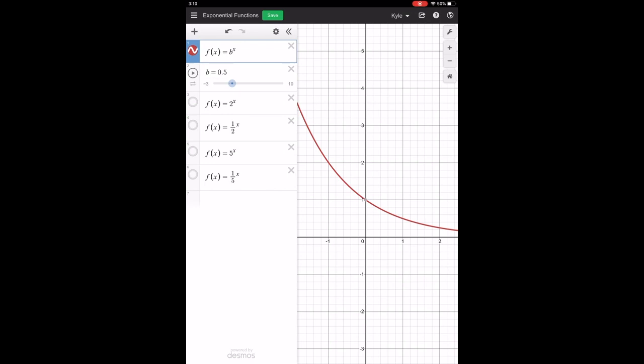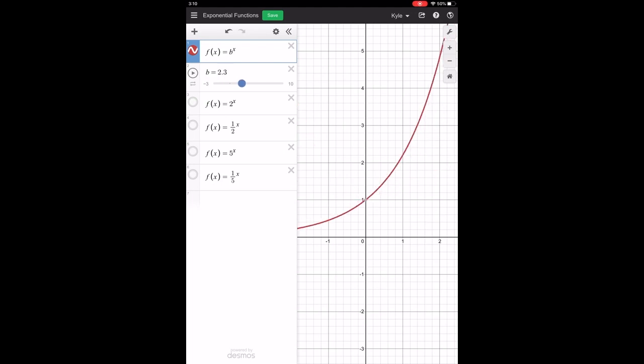So we still get the same value. In fact, I wonder what negative 1 would be. Negative 1 actually gives me 2, if you can see that very carefully. So negative 1 for a half would get me 2, and positive 1 would get me a half.